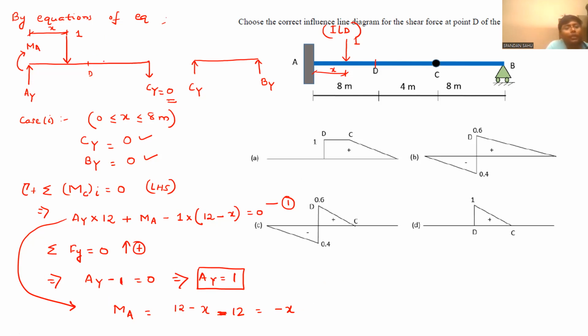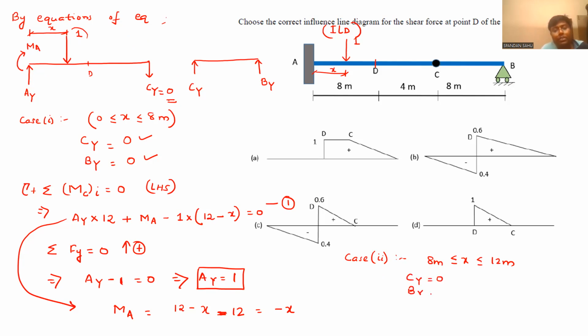Now, this is case 1, when this unit load is varying between this A point and D point. Now similarly for case 2, when our unit load will vary between 8 meter to 12 meter, means this span. I am not drawing the figure again because all those values will remain same. CY will be equal to 0 again.